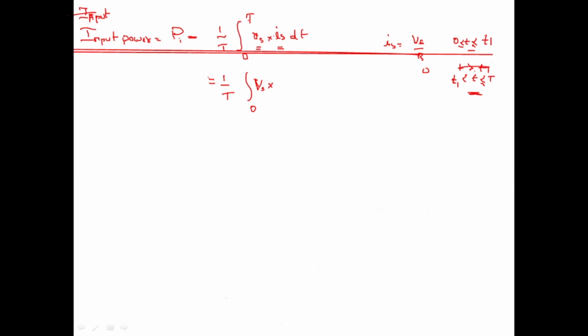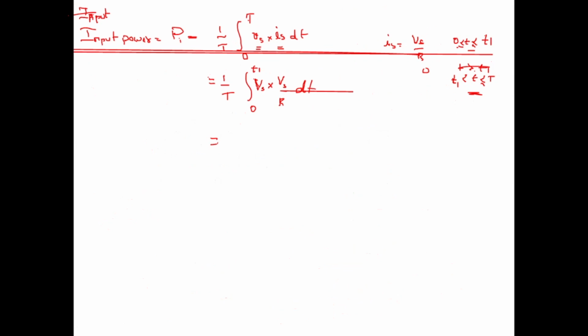Anyhow, we are taking the product of Is and Vs. The product also becomes non-zero only from 0 to t1, and it is 0 between t1 and T. Is is Vs by R, true only for 0 to t1, and 0 from t1 to T. So there is no requirement to integrate from t1 to T, because it is anyhow 0.